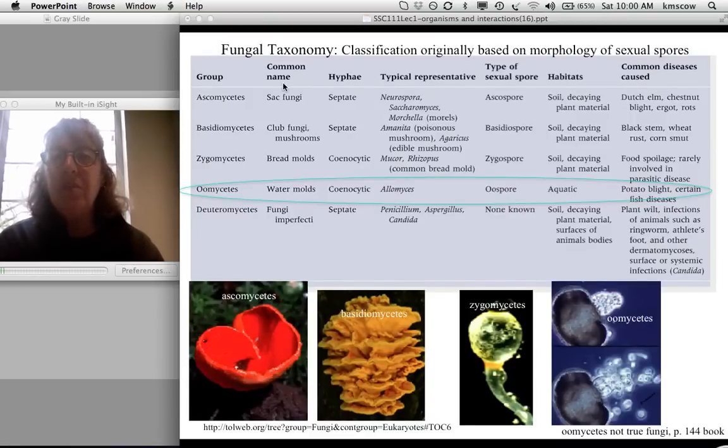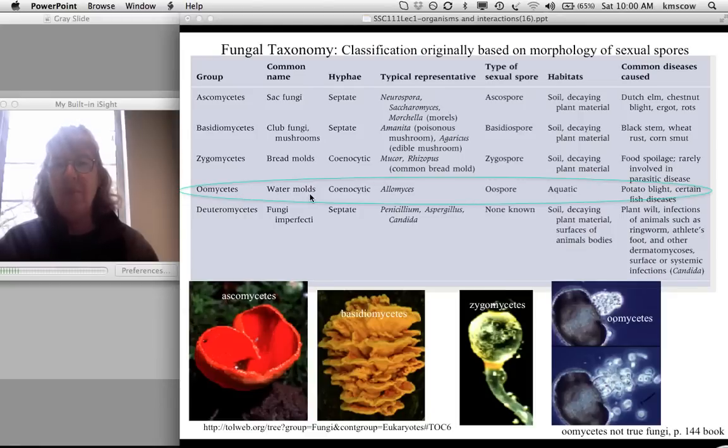Our major groups of organisms are ascomycetes. There's a picture here shown of one. Basidiomycetes, which are a lot of the more famous mushrooms and shelf fungi, are in this group. Zygomycetes, which are like bread molds and less spectacular organisms in their appearance, in terms of their fruiting bodies, but are very important in decomposition.